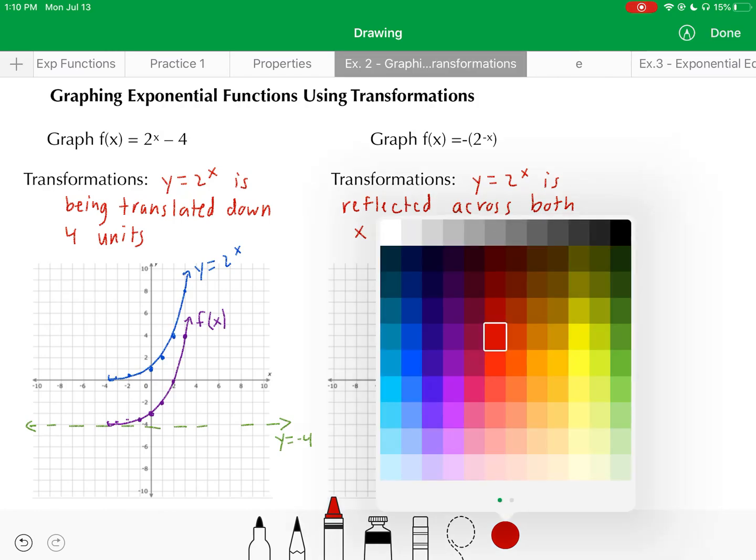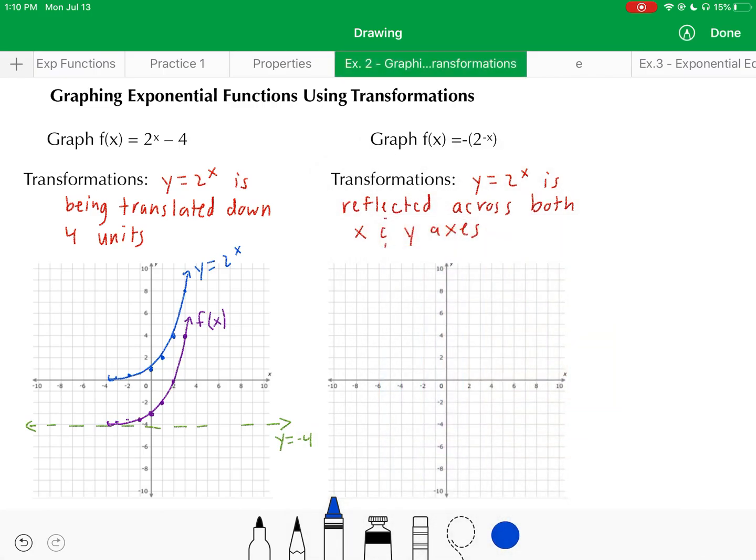All right, so one more time, I'll graph the original. Okay, and how about I do y equals 2 to the power of a negative x first.